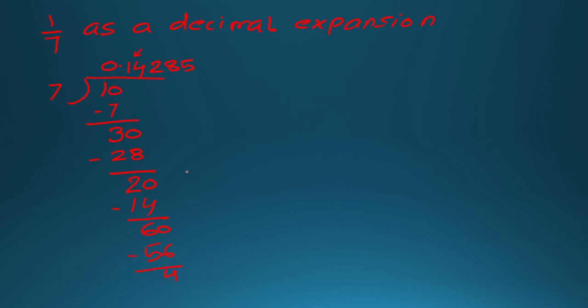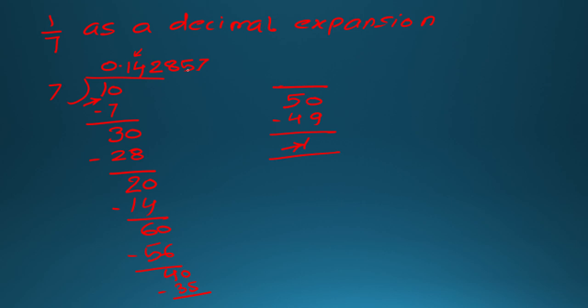Then 0, 7 times 5 is 35, the remainder is 5, then 0, 7 times 7 is 49, then minus, and then 1. See, we started with 1 and we got 1 again.